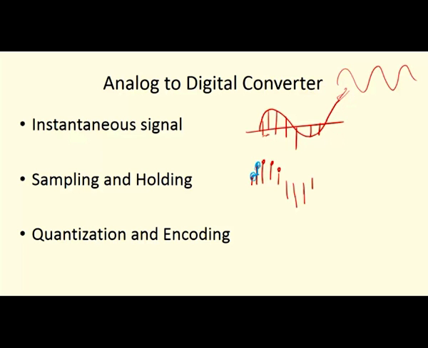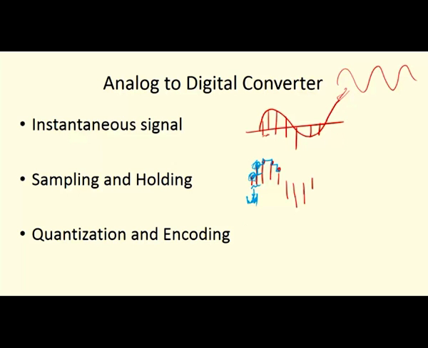After that it picks the next magnitude and waits, and this way it keeps processing. This is called the holding period. During this time it holds, waiting for the complete conversion. This process is called sampling and holding.